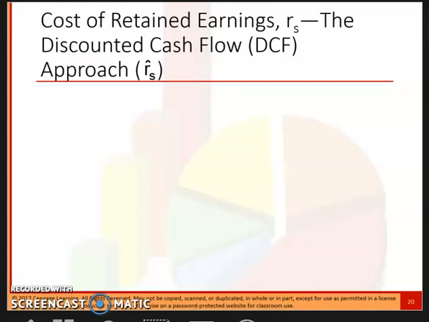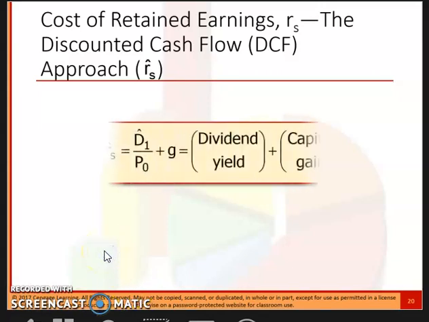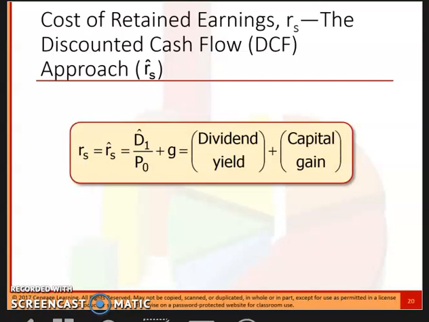So we move on from the CAPM approach to the discounted cash flow approach for cost of retained earnings. I mentioned this one previously. The cost of retained earnings is R sub S, our expected return, and we're basically using our constant growth model.